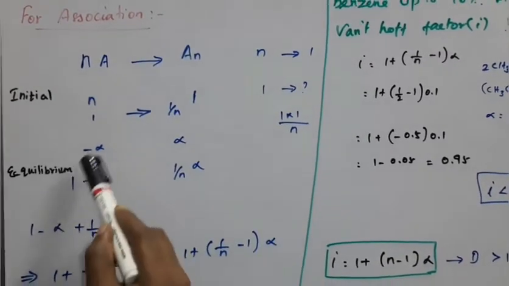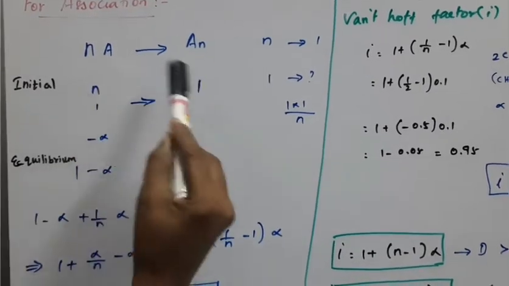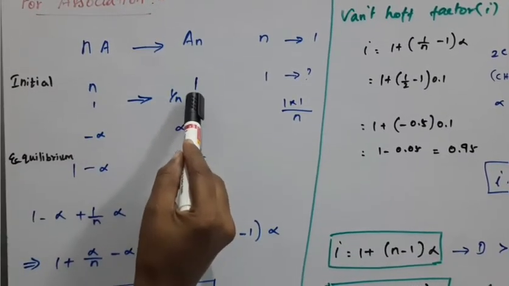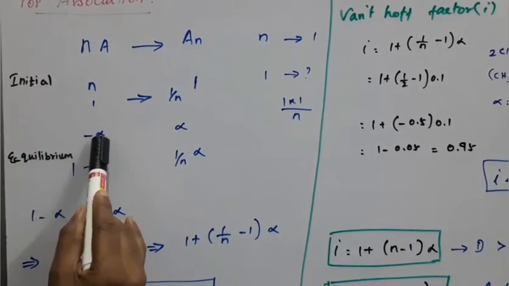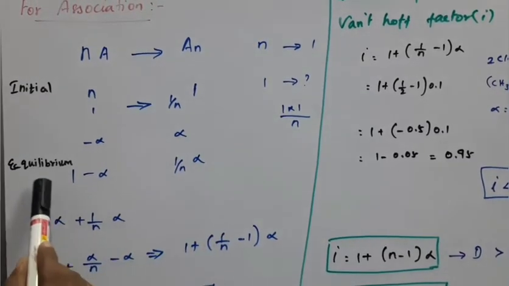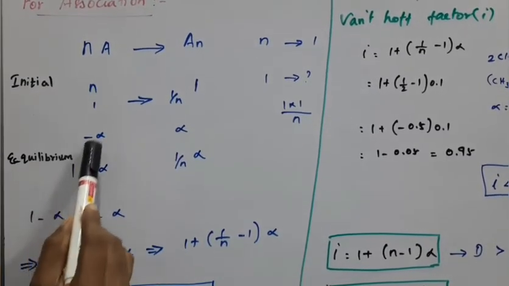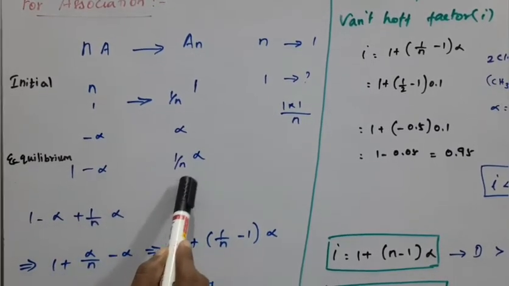So that is this many moles, n moles associated to form that 1 mole, alpha, the degree of association, is formed. Okay, for equilibrium conditions, that is 1 minus alpha and 1 by n alpha.